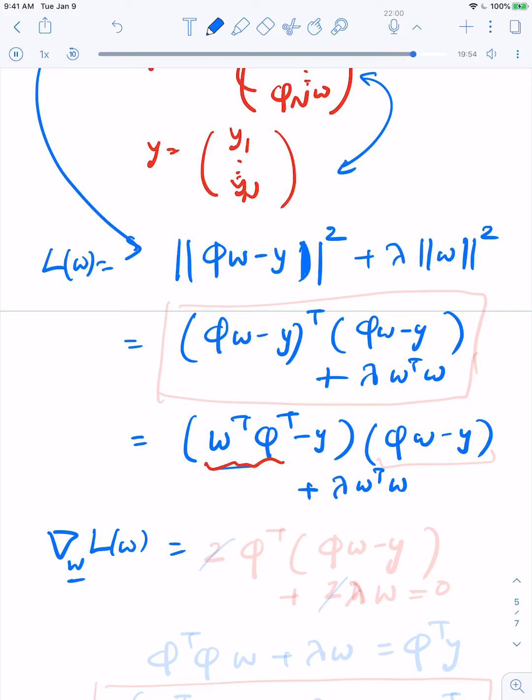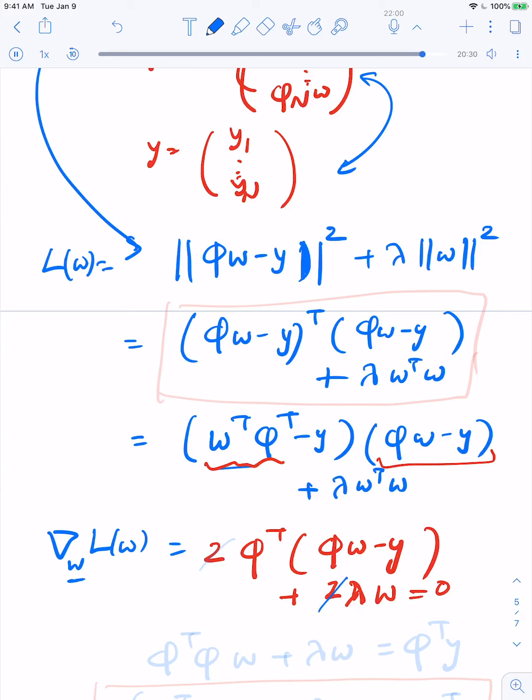When I take the gradient with respect to W transpose of this term, I'll get phi transpose, and then I have phi W minus y. And really, this is happening twice. I can take the gradient with respect to this W also, and I'll get the same term. Remember, those terms are essentially completely symmetric. Anyway, I'll let you check all that. So I get 2 there, and then I get 2 lambda W from the second term, and that has to be equal to 0.